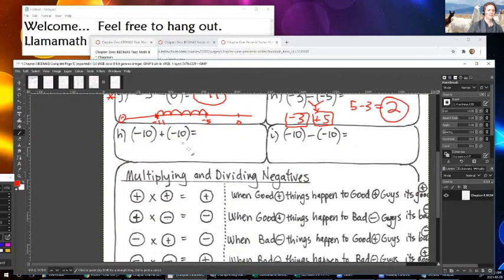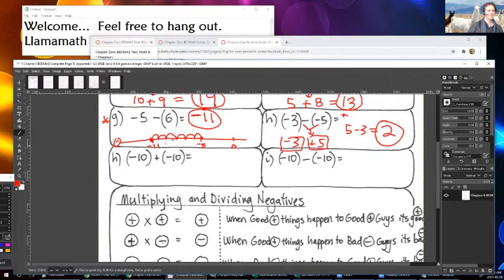Minus 10 plus minus 10 is one of these ones again. It's very similar to this one. You'd say minus 10, subtract even another 10. So you start at negative 10. Here, I'm going to make this my number line. Oops. I need to know how to draw straight lines here.